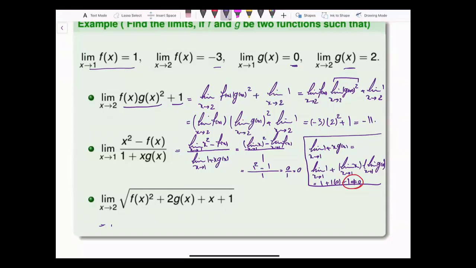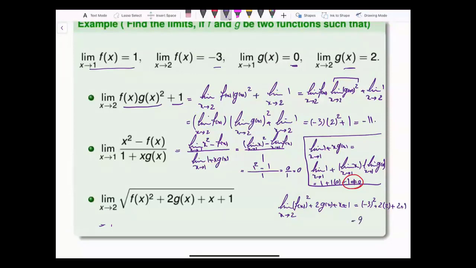Here, what you need to note first is the limit of the function under the square root. As I apply all the laws here, I will get negative 3 squared plus 2 times, as x goes to 2, this is 2, plus 2 plus 1, yes?